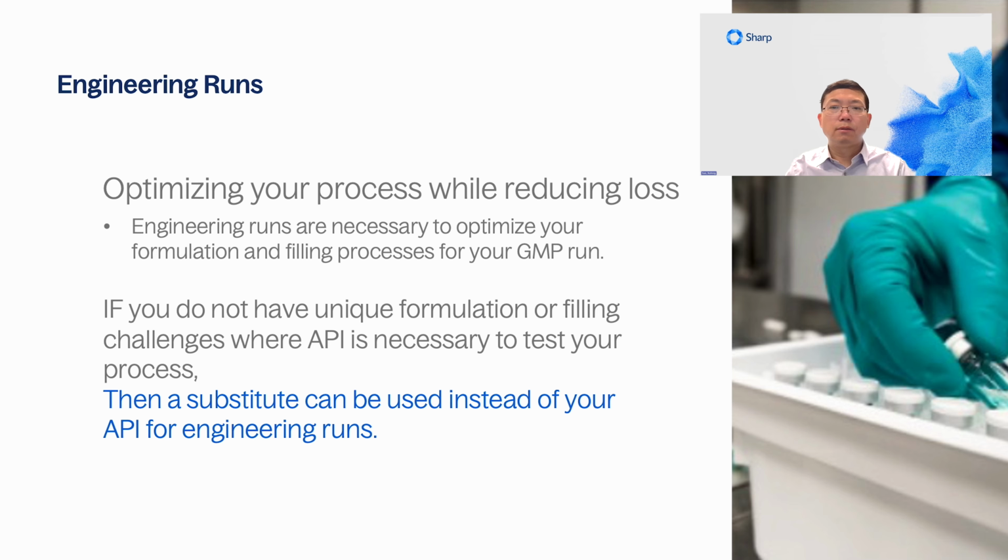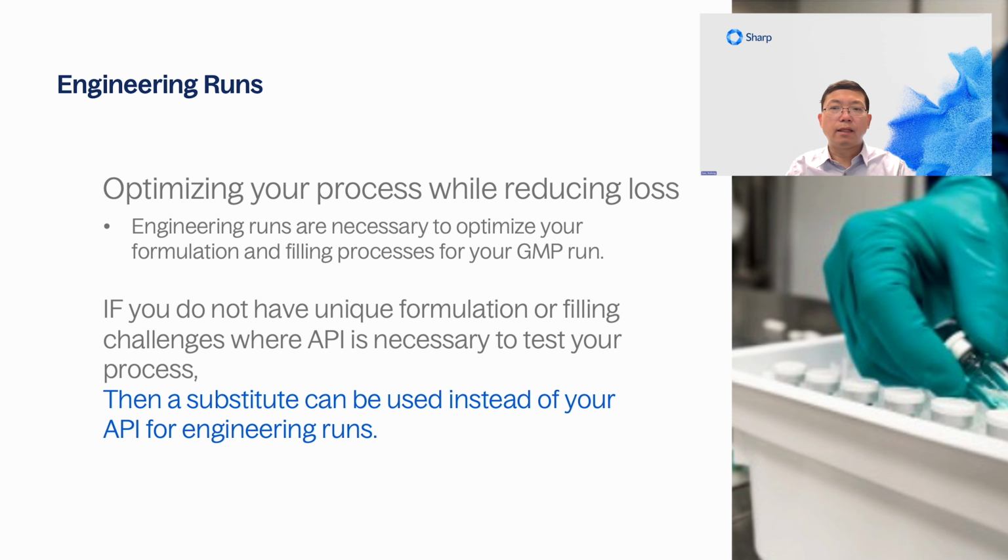This substitute will be prepared to have similar physical properties as your drug product solution. While it will not provide the same level of information as using your API, it can offer you the ability to perform an engineering run without using your high-value drug substance.